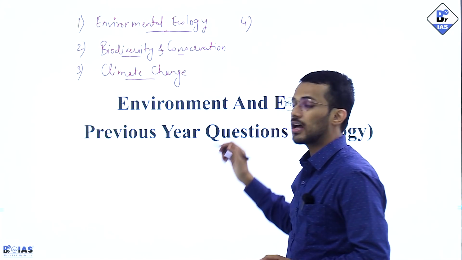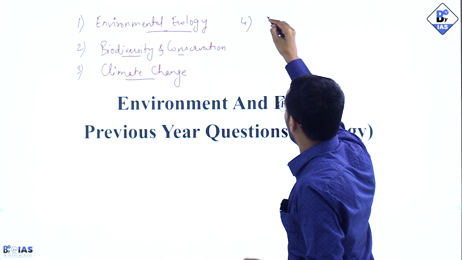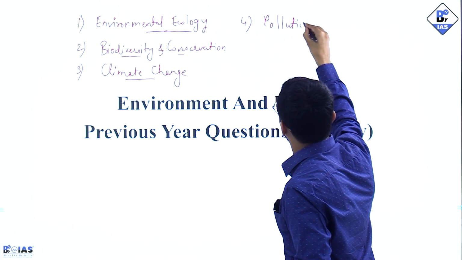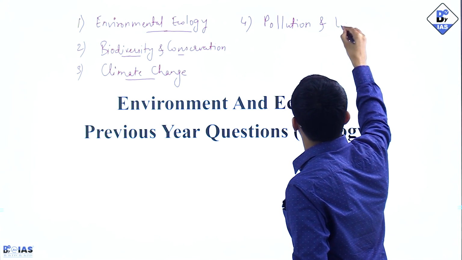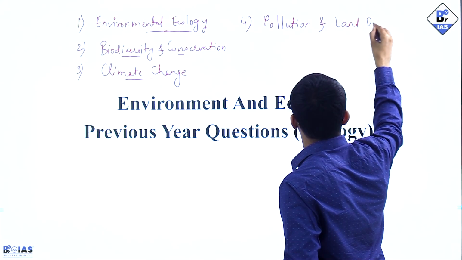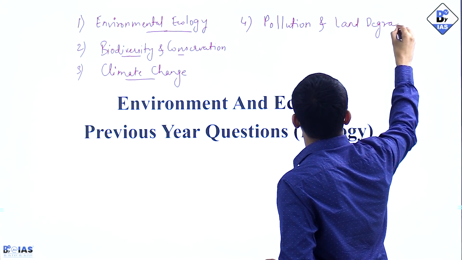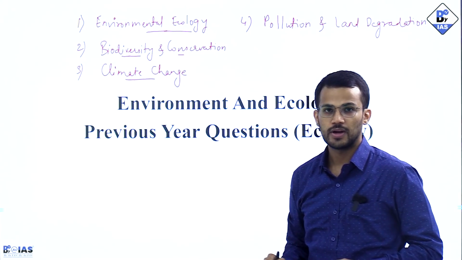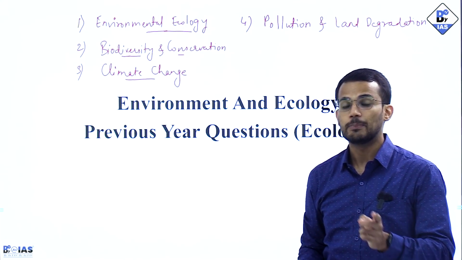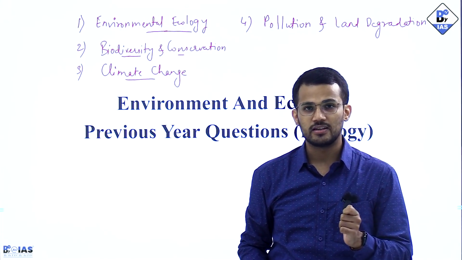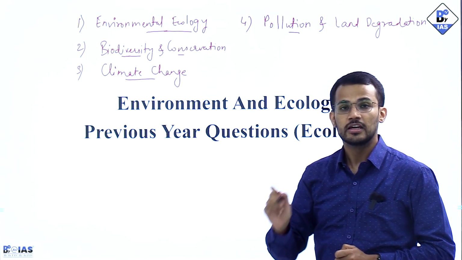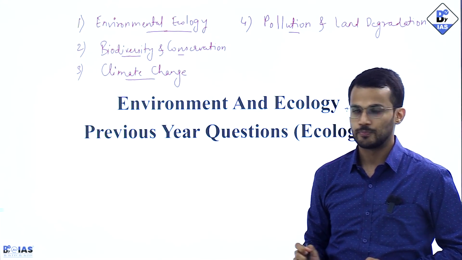Previous year questions are also asked from the fourth topic, pollution and land degradation. This is mentioned in the mains syllabus, but still questions are asked from the pollution topic in the prelims examination as well.